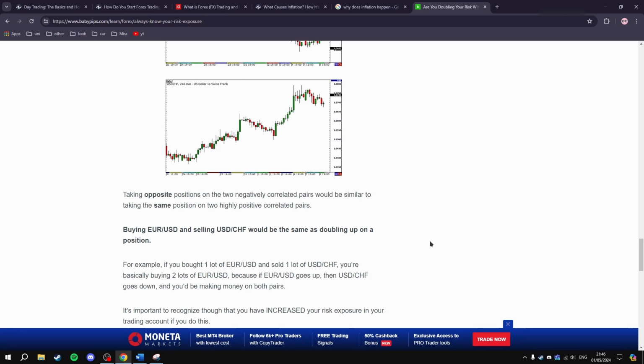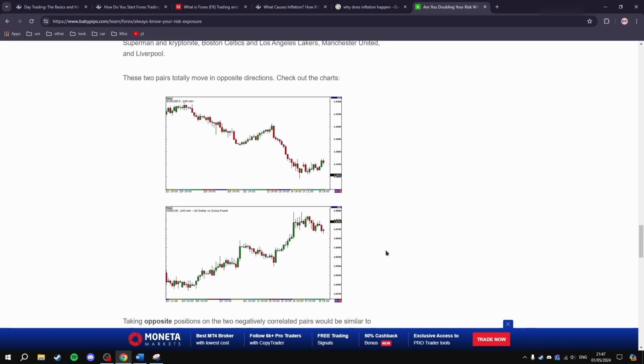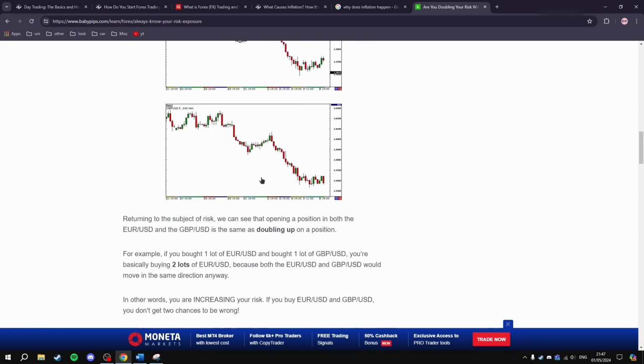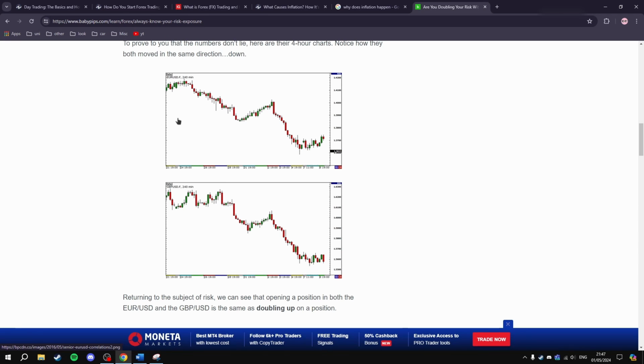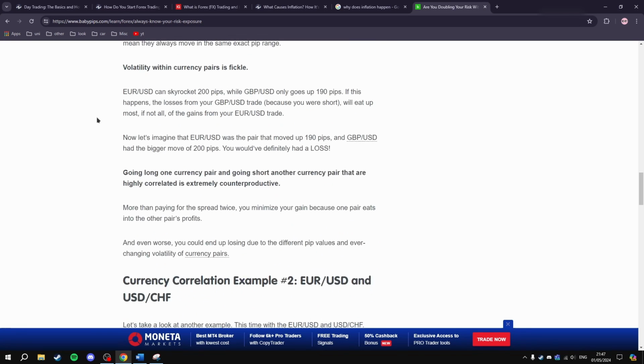Buying Euro USD, you could either make big money or lose big money, because with two highly positively correlated pairs, if you take the same position, say go short, then you make loads, but if you go long, then you lose loads as well.